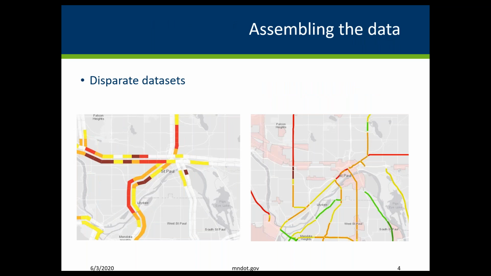So once we had decided on using the story map web map series as our overall structure, we still had three major problems with some of our data sets and assembling the data. The first was the issue of disparate data sets. So basically, this was the case where we had one overall transportation topic, but there were certain data sets that may have had different ways of covering the topic.